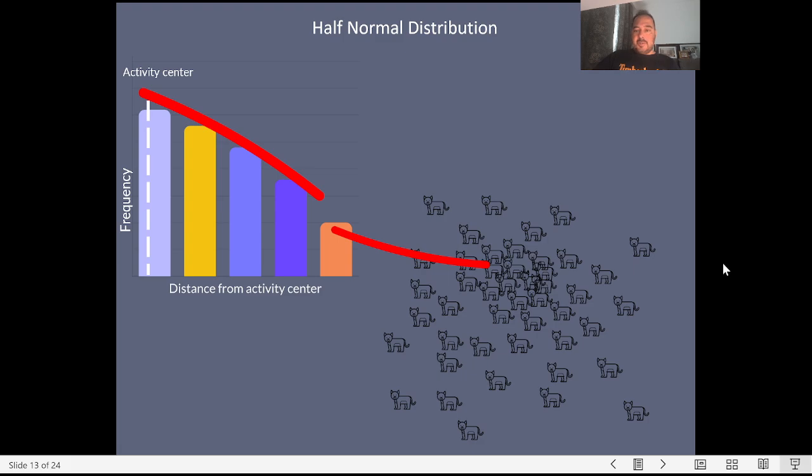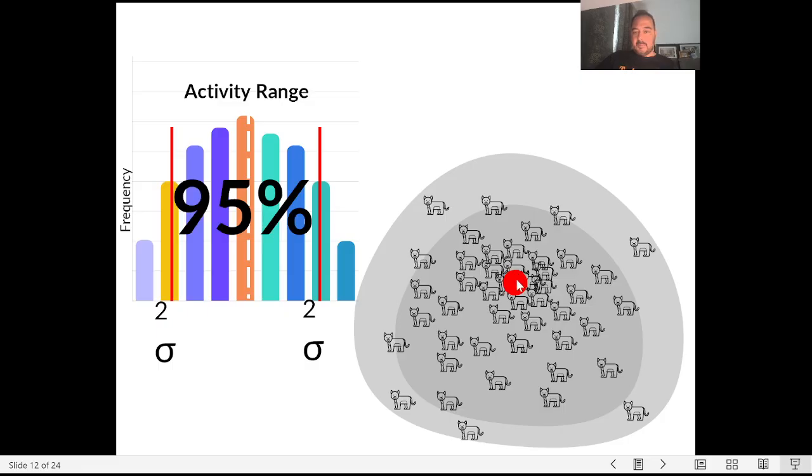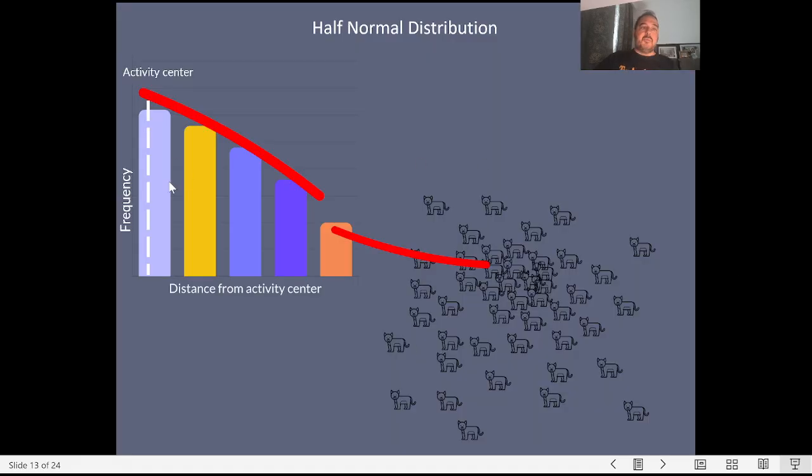But what happens in our case? We know that if we put a camera trap here, and then others dispersed farther and farther than here, and we count the number of detections, what we will have is this: in the activity center, the frequency of detection will be higher.